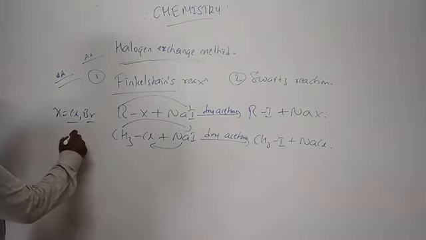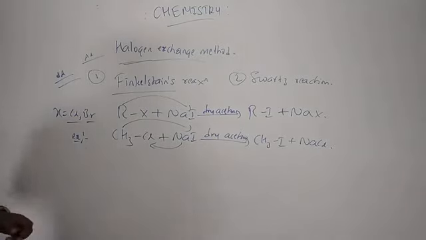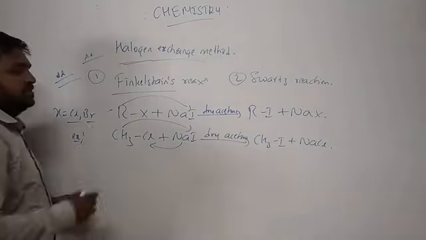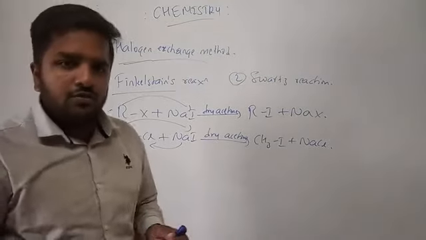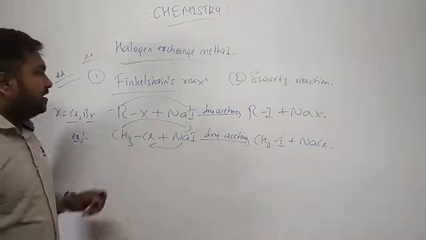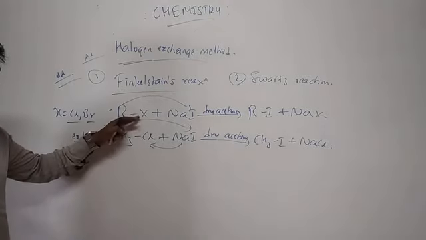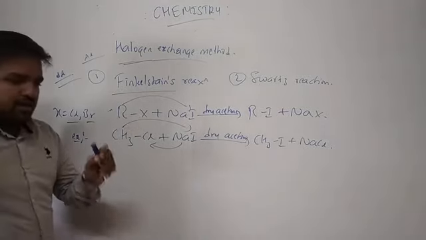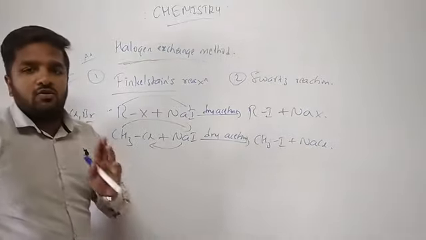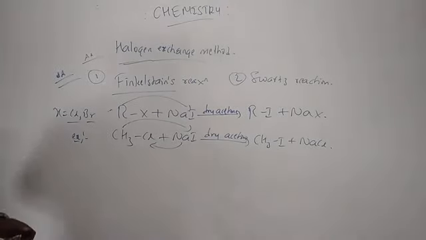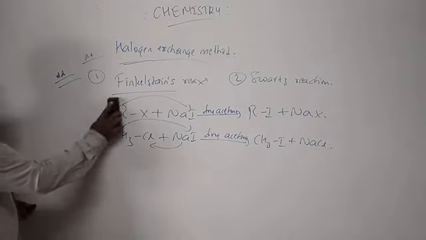This is the example of a Finkelstein reaction, and this is the general equation. Don't get confused. We have alkyl halide treated with sodium iodide, and the alkyl halide should be alkyl bromide or alkyl chloride itself. This type of reaction we call the Finkelstein reaction.